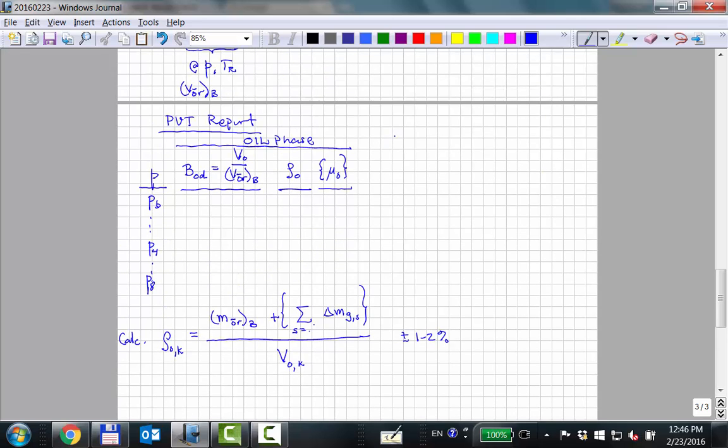So that's the oil properties. On the gas side, they'll give what's called the delta RSD. It's how much gas came out of solution.